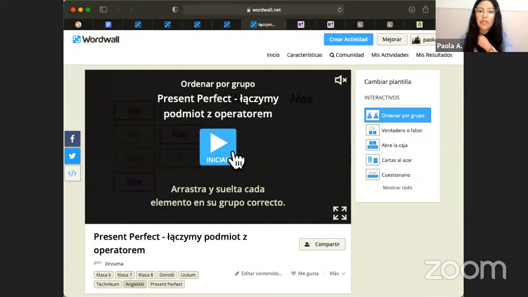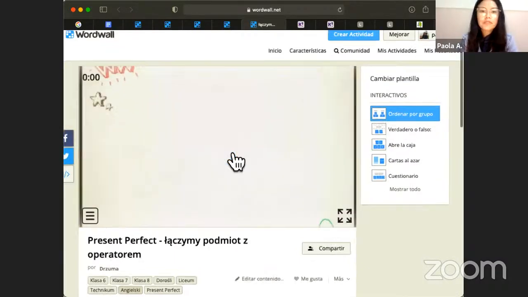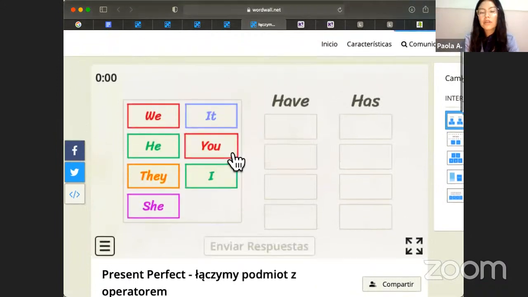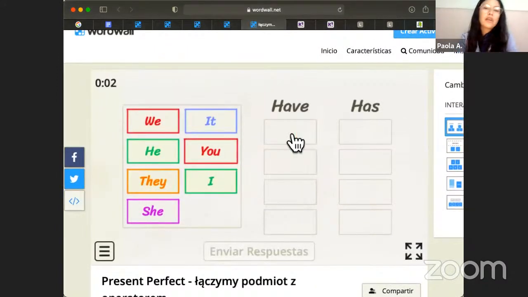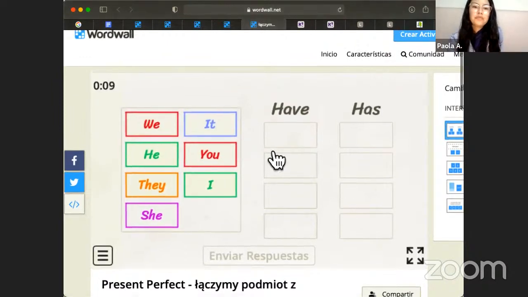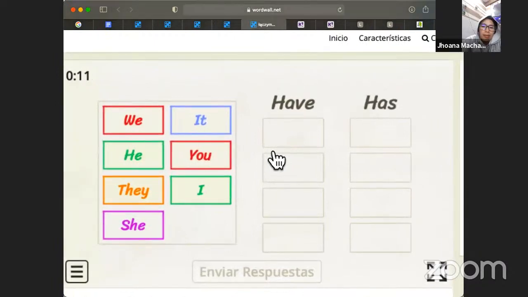Okay, we're going to start with this little exercise while everyone else joins us. So, Joanna, can you tell me how can we organize this? Which of these subjects uses have and which one uses has? Do you know? We have.